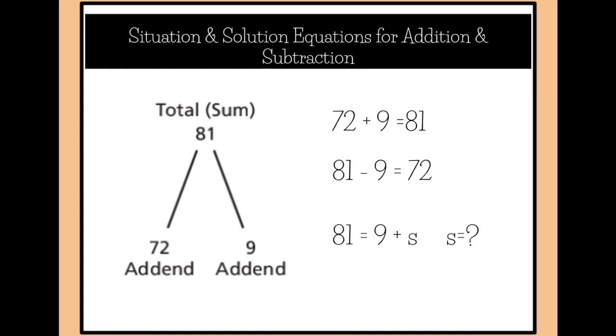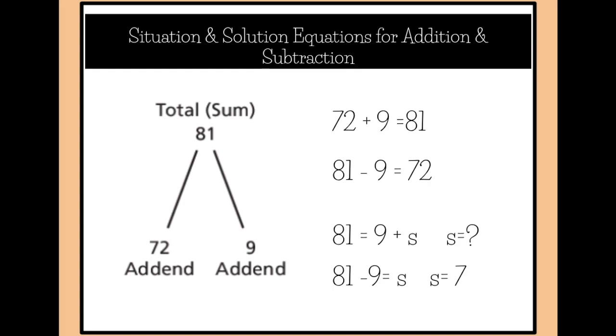Once we actually solve for s, we come up with another equation, which is 81 - 9. We know that if we complete this operation, we will get our answer for our variable, which is s. When we have an equation like this, we refer to it as a solution equation.